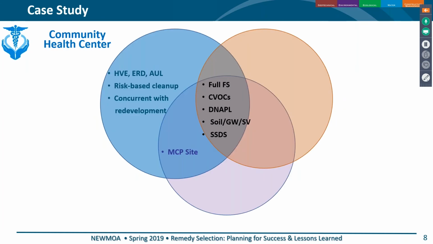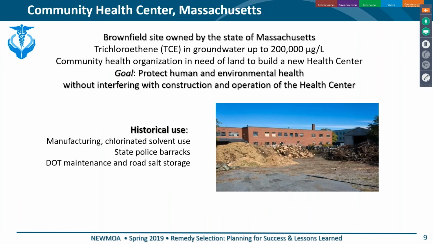So the health center, it has some overlap with all of these sites, and two of the sites we're going to talk about fall under the MCP. They're MCP sites. They're in Massachusetts, of course. And this was a brownfield site owned by the state of Massachusetts, and there was a health organization in the area that needed land to build a new health clinic to service the community.